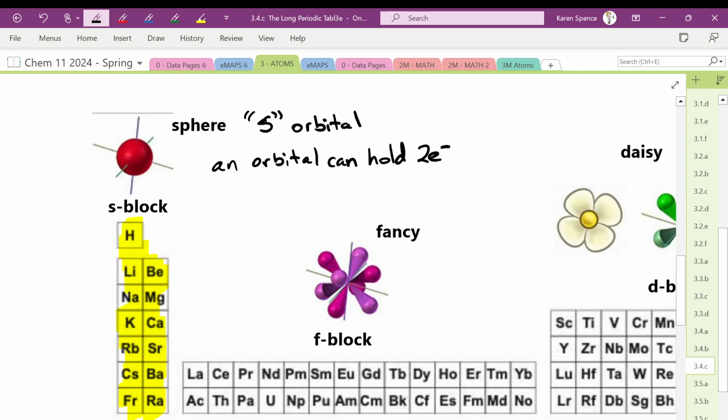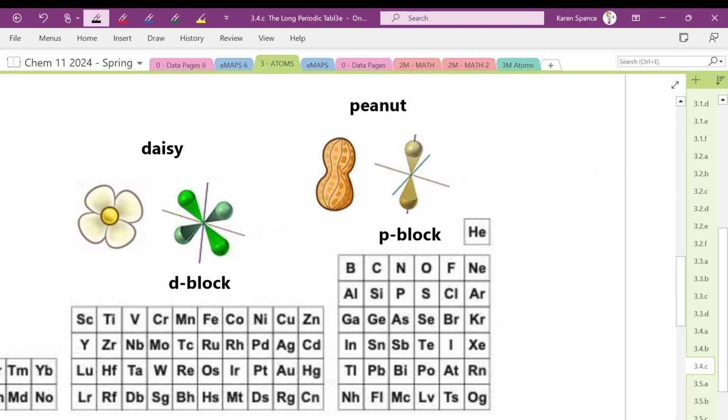So, this is the 1s orbital because it's in energy level 1, it's in shell number 1, and it's a spherical orbital. Sphere, S for sphere. Okay, and we put 1 electron in it, and then we put a second electron in it, and then we have finished filling up the 1s orbital.